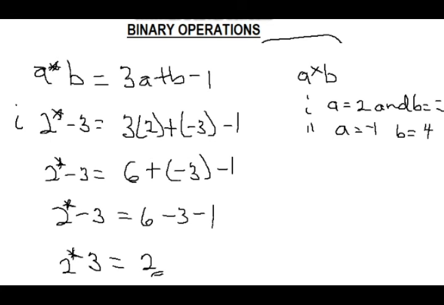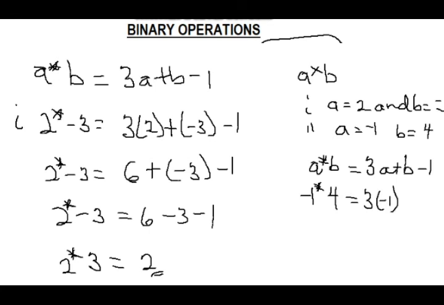So we'll do the same thing for the other one. A star B is equal to 3A plus B minus 1. Then we know that our A is minus 1, so minus 1 star 4 is equal to 3 bracket minus 1, that's our A, plus B, that is 4, minus 1.